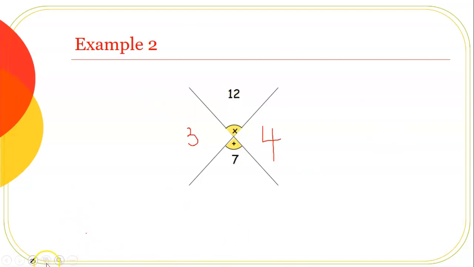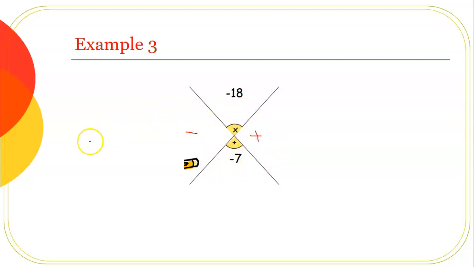Okay, and next, I need two numbers that multiply to -18 and add to -7. If I have a negative on top and a negative on bottom, that means I need one negative and one positive, and my negative needs to be bigger than my positive.